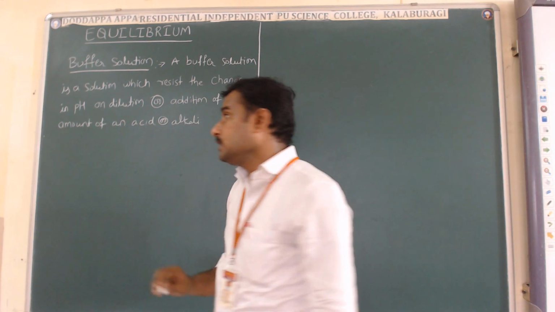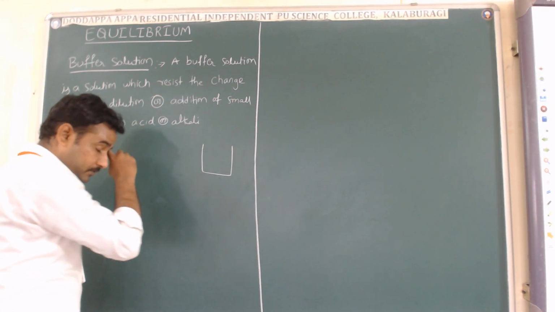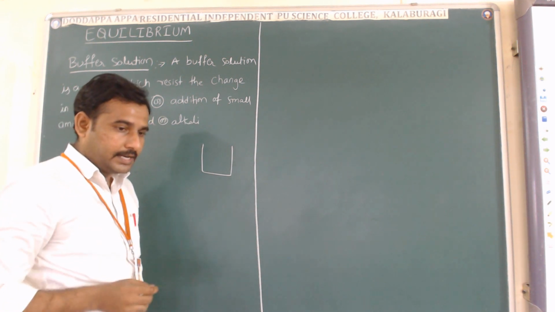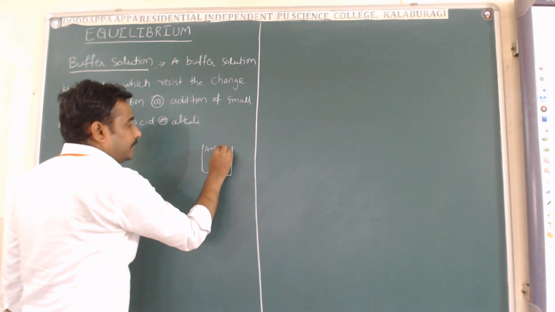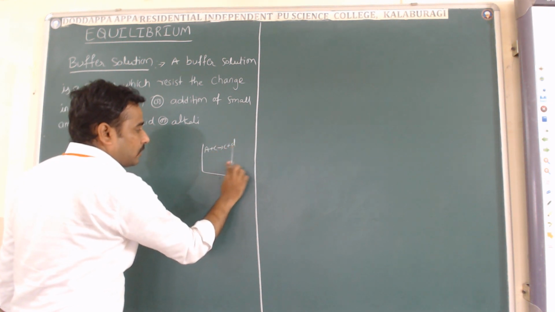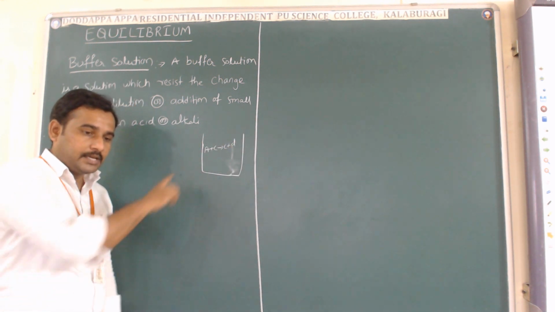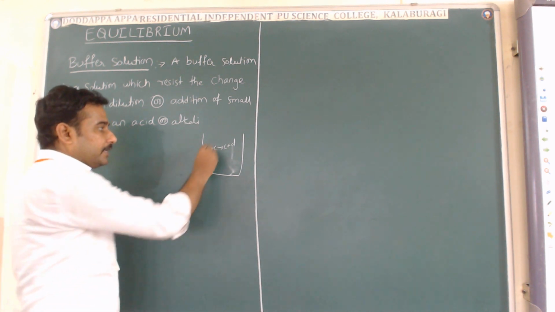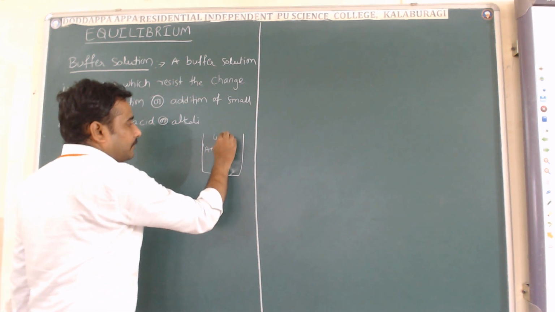Suppose any one reaction is going on in the beaker, say A plus B gives C plus D. For this reaction to take place, the pH should be maintained at, suppose, 4.75.